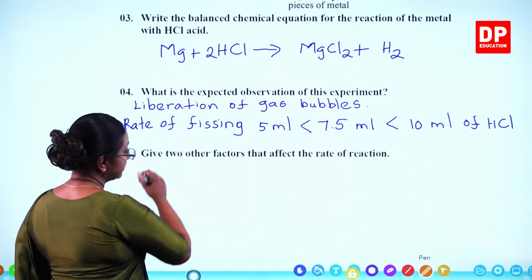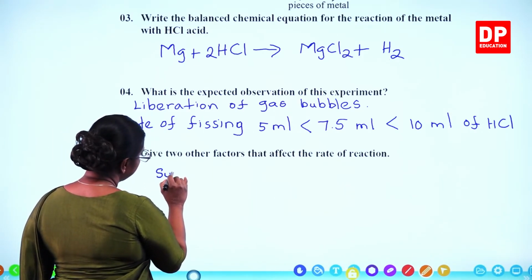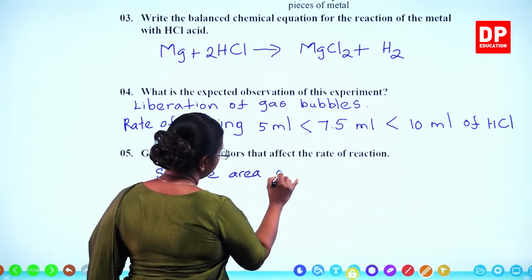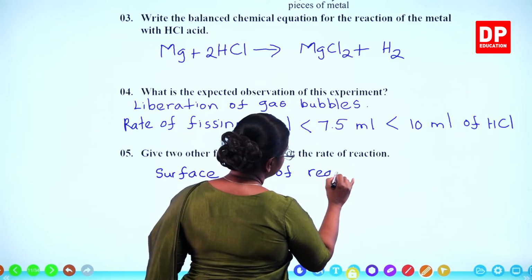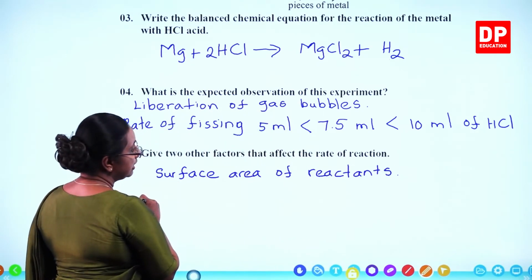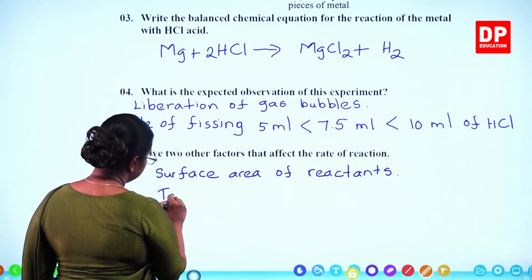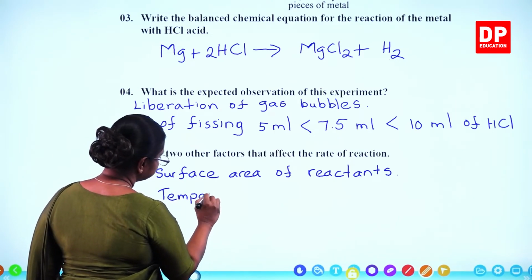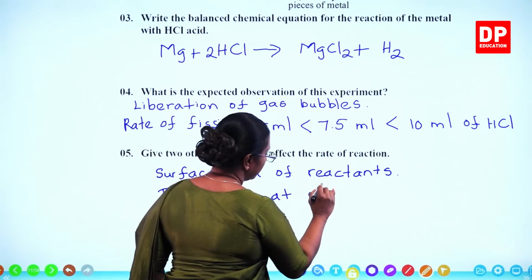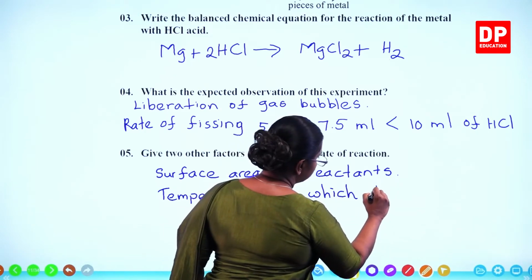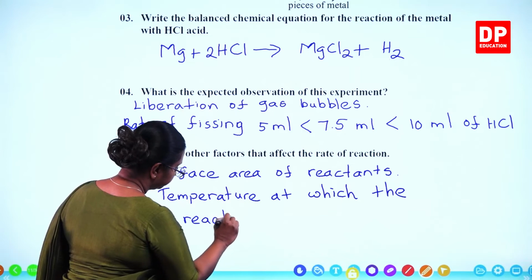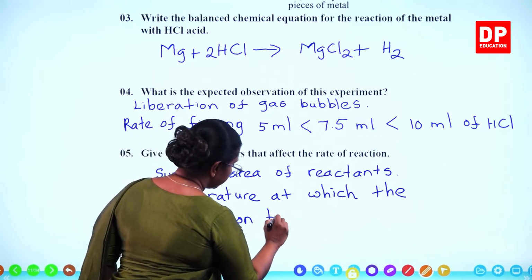So, here I will say surface area of reactants, and then we can say temperature at which the reaction takes place.